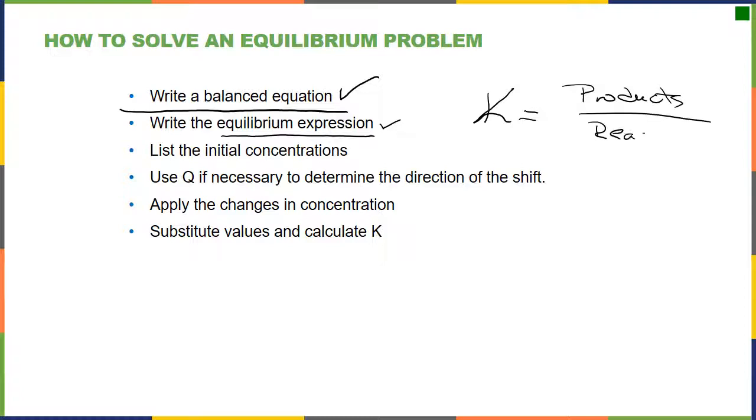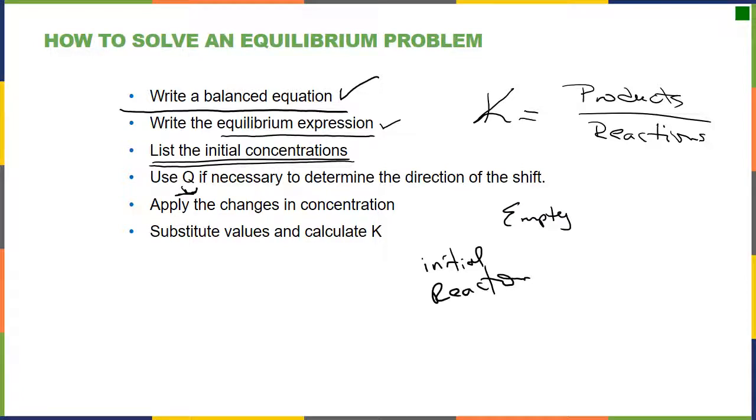Also, this can always be pressures. We know we're going to raise those values to their stoichiometric coefficients. We're going to see if we have initial concentrations. If we do, we're going to look at K to see what the direction of the shift is. Very frequently, we are going to be in an empty container, and if we put some initial reactants into an empty container, then our reaction is always going to go towards our products.